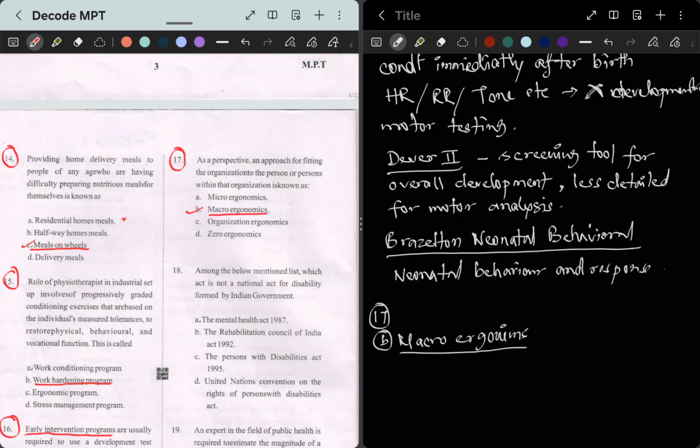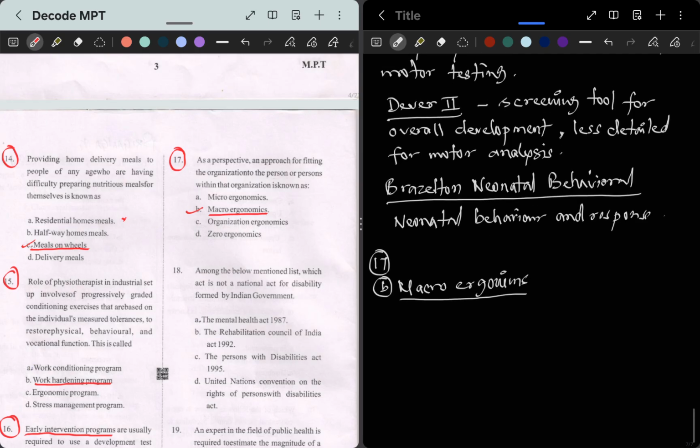Normally microergonomics and macroergonomics are the recognized ones. So it is macroergonomics that deals with the organizational structure or work system and fitting the organization to workers.